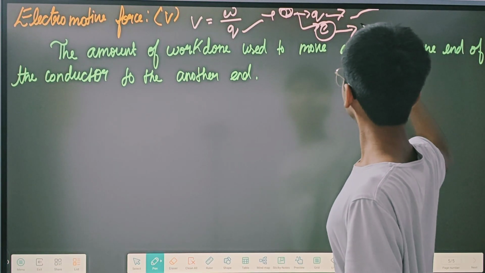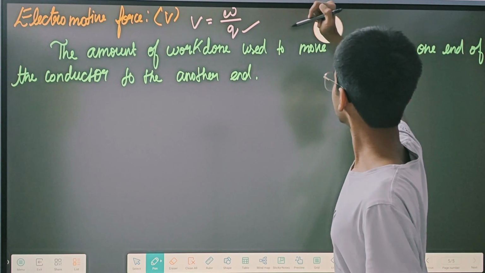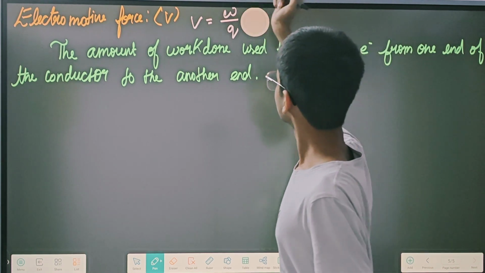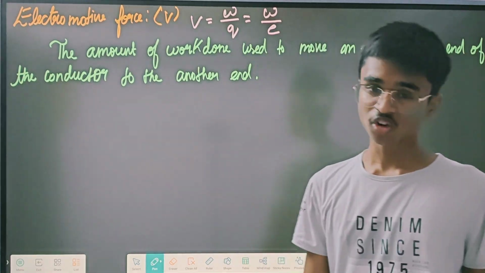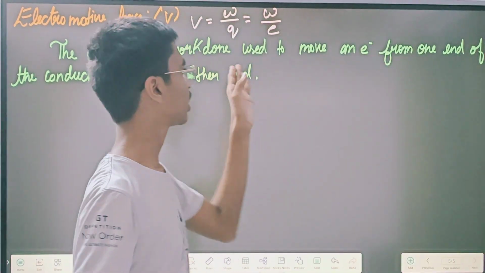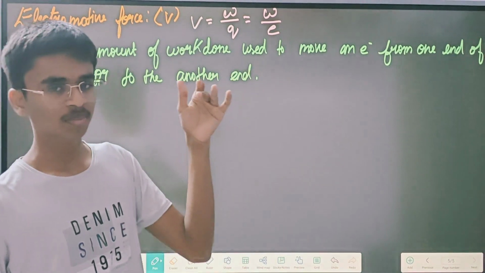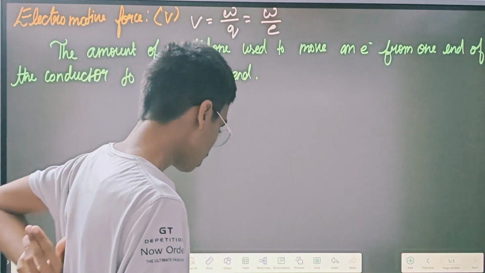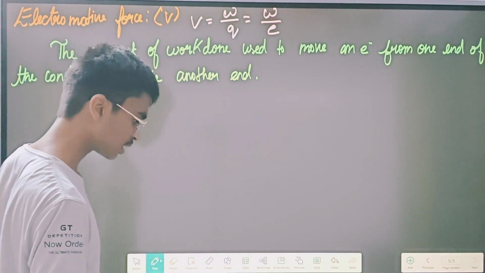For electrodynamics, we use E only. So this definition can be changed: this formula can be written as V equals work done by E. A lot of people get confused at this point. Just learn this one point: voltage is equal to work done per charge. That's it. Okay, so now current we have seen.